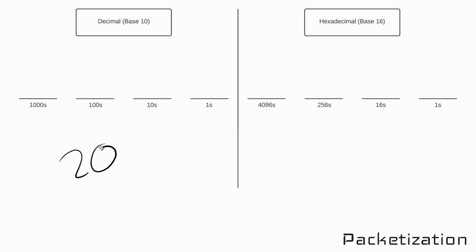So if we take a look, we have a ones position and we have a 16s position. So for the ones position, we went over for hexadecimal, we can have 0 through 9 and A through F. So effectively, we can have any value in the ones position from 0 to 15.